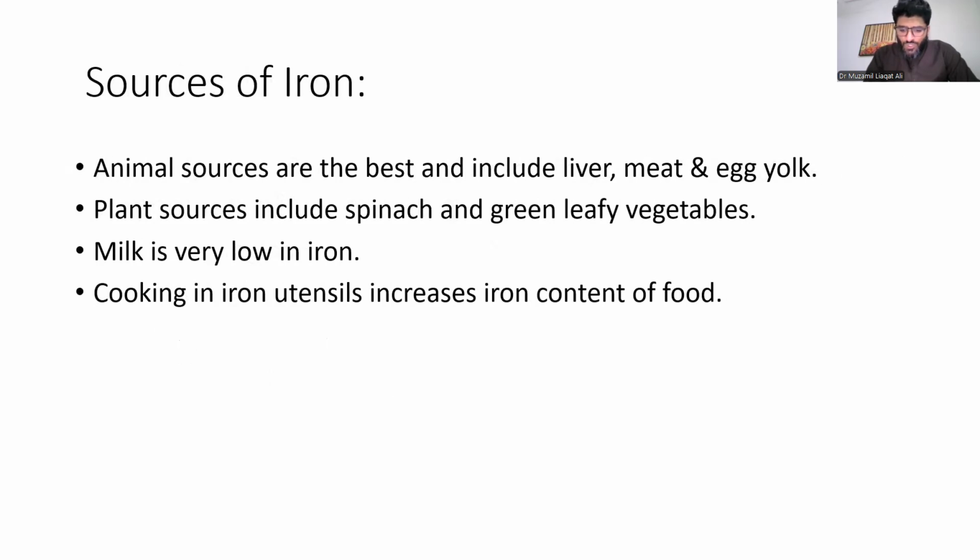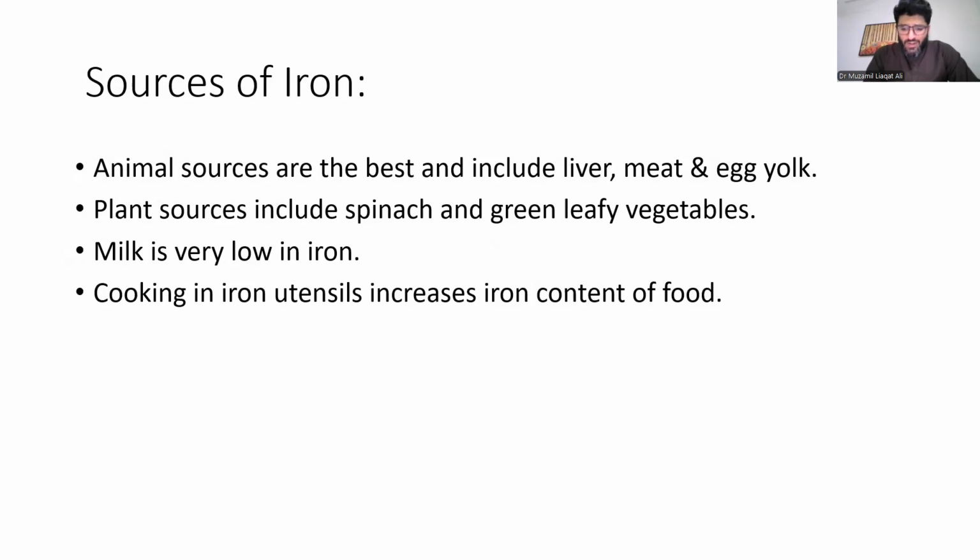Now let's come to the sources of iron. Iron can be obtained from both animal and plant sources. Animal sources are the best and include liver, meat, especially red meat, and egg yolk, while the plant sources include spinach and other green leafy vegetables.